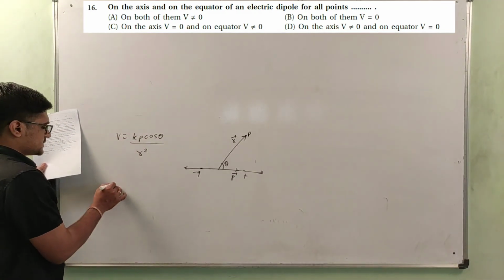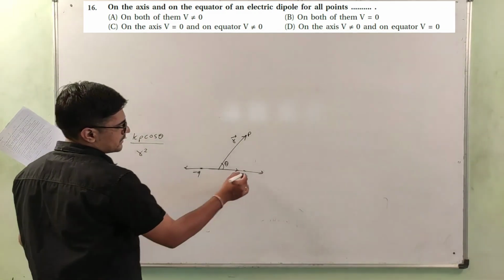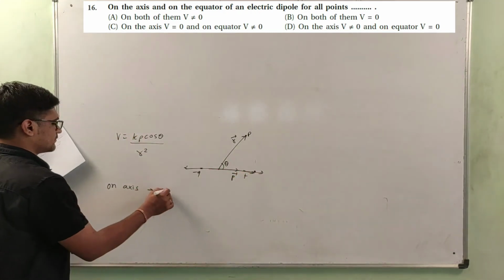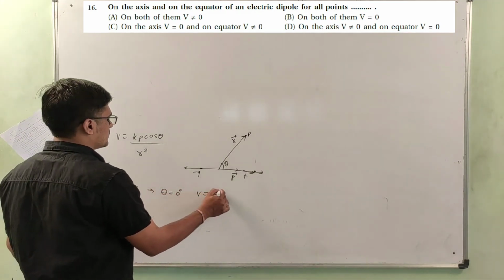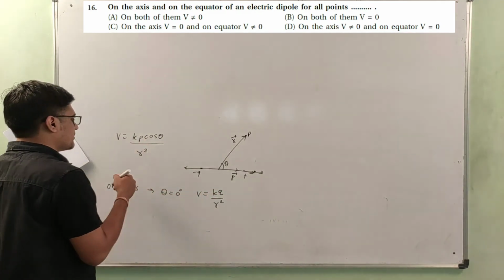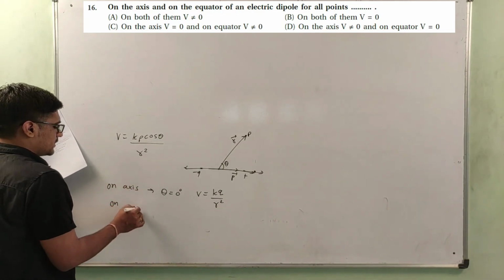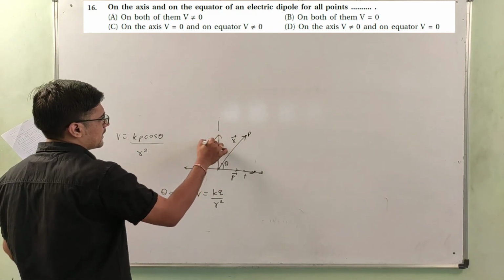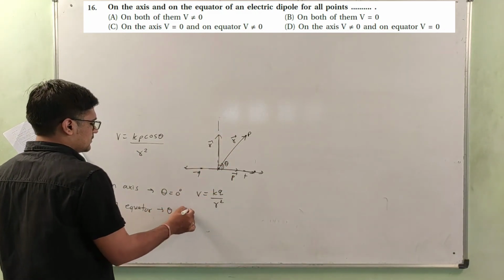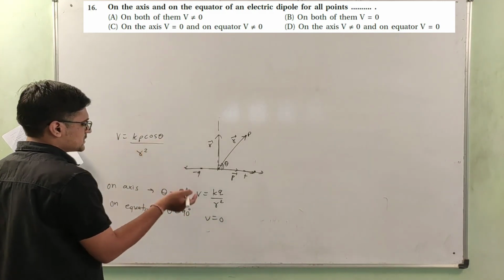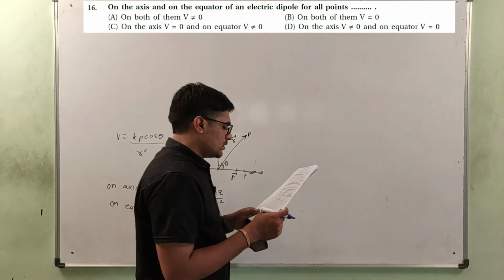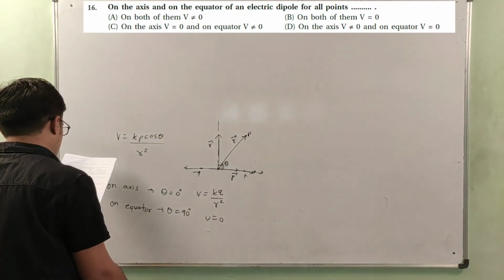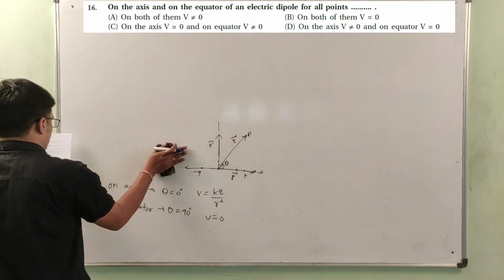Whenever the point is on the axis, the angle between P and r is 0, then the potential becomes Kp by r square. On the equator, the angle between r and P is 90 degrees, and the potential becomes 0 because cos 90 is 0. So on the axis V is not 0 and on the equator V is 0. So D is our answer.